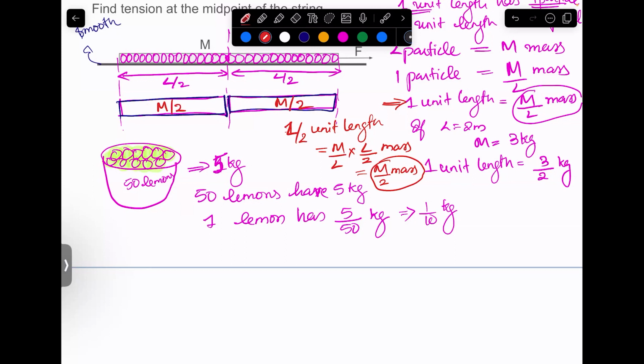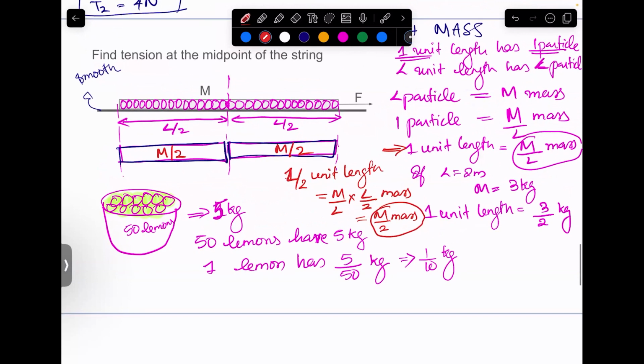Now it looks like something of a similar kind that we have solved before, right? Like two blocks of given mass. How to find the action reaction forces if they are coming into contact, if it is getting pushed or pulled? You will take this force here, and there is this T here, and this T will act on this one also.